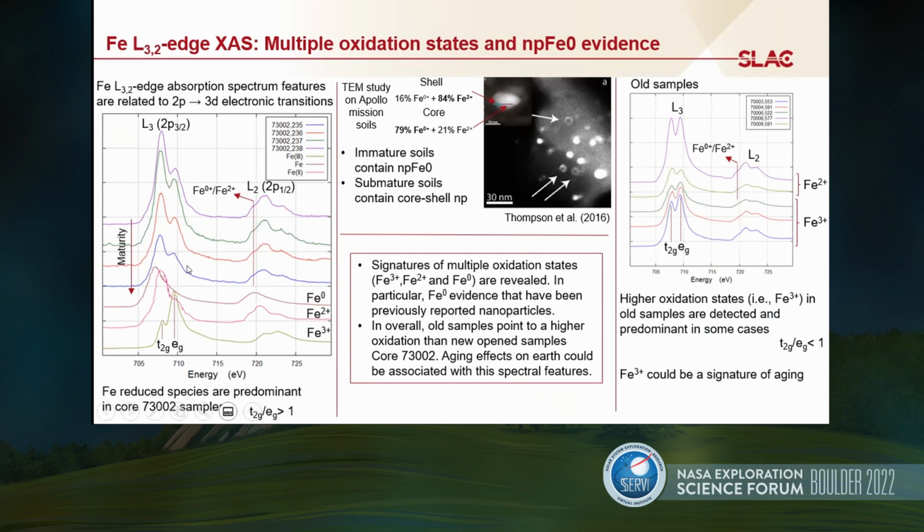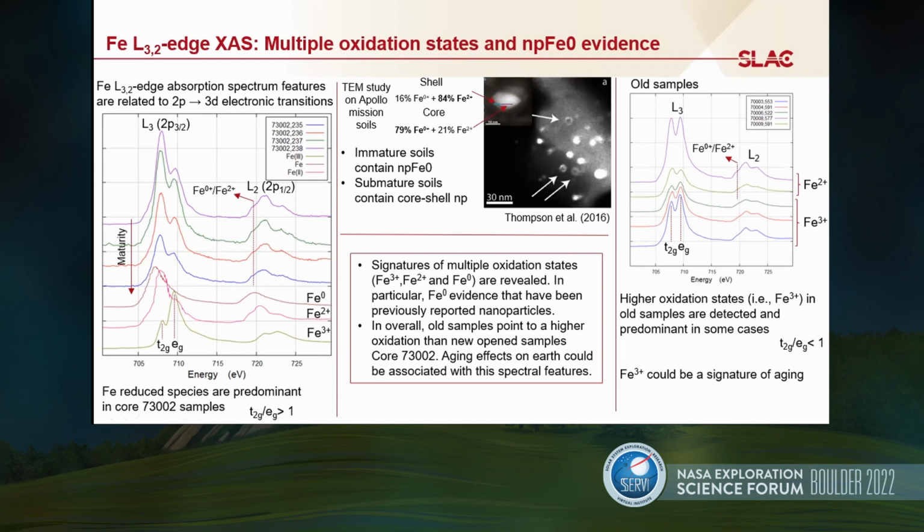It's quite important here to compare with some standards. For example, here we have a standard for metallic iron, but also iron 2+ and iron 3+. Basically, these features qualitatively point to the predominant species being iron 2+.